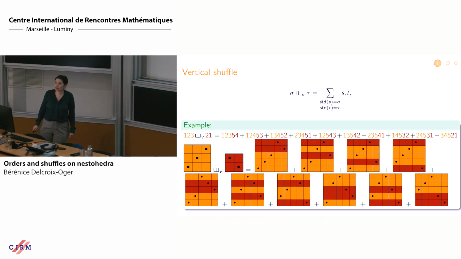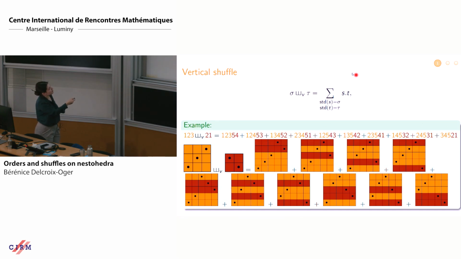Okay. So I talked to you about horizontal shuffle. There is another kind of shuffle on permutations, which is a vertical shuffle. Instead of shuffling the positions of letters in the permutation, you can shuffle the values of letters in the permutation. So instead of shuffling columns, you shuffle rows, and you get these tables.